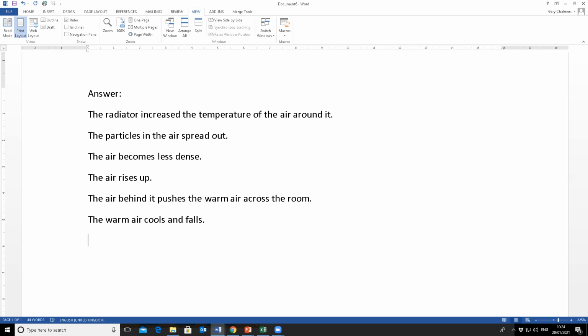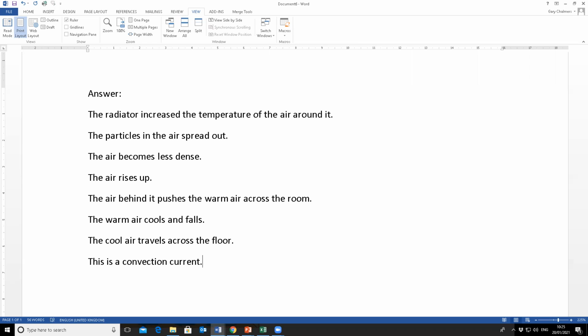And then you'd say cool air then travels across the floor. The last thing you'd want to say is to identify that this is a convection current.